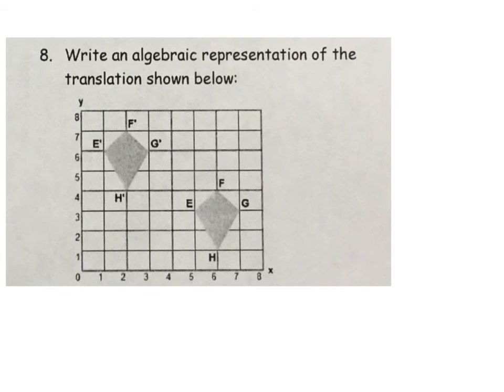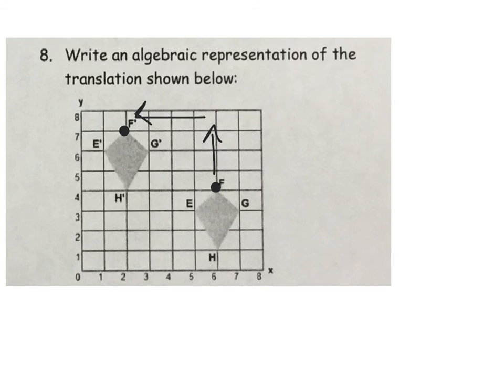Number 8. Write an algebraic representation of the translation shown below. I'm not going to give any answer choices on this, but you need to find out from point F. I'm just using point F; you could use a different one, it doesn't matter. Point F goes from this lower shape, up that way, and then over.